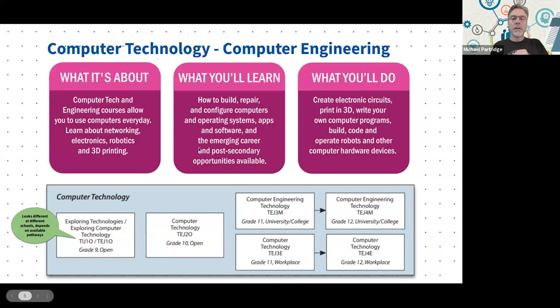All right, so the types of things that you would do in a TEJ course: you're working with circuits, sensors, servo motors, things like that. You might be working with 3D printing or CNC machine. You might take a look at coding and building different little games, things like that, using the various technologies that are in the room.